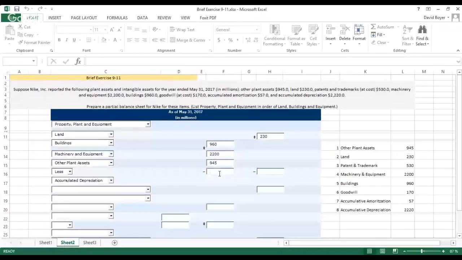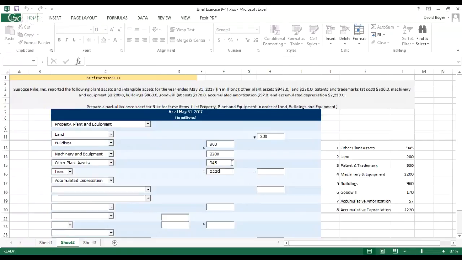Okay, so the accumulated depreciation is going to be 2,220. Now we have to add these up and then subtract this in order to get our number that will go over here, which will then add up to give us our total.